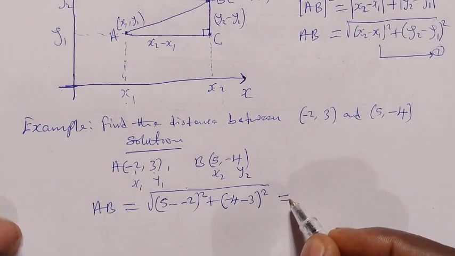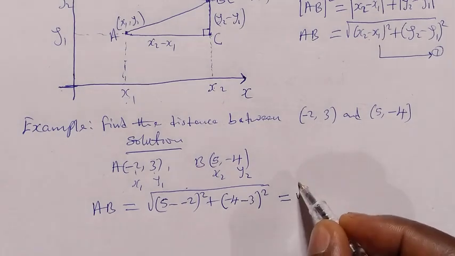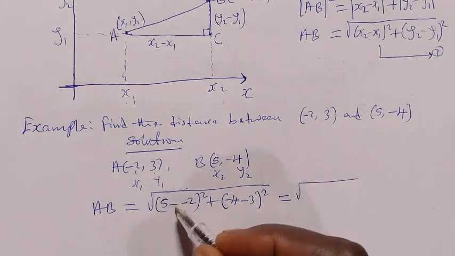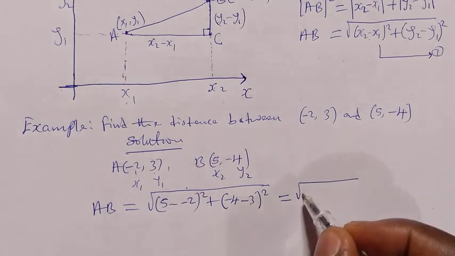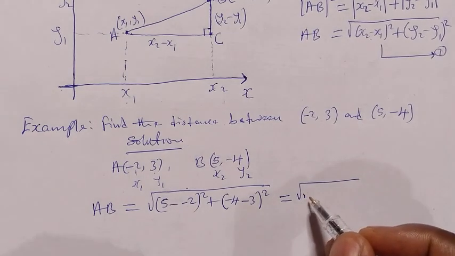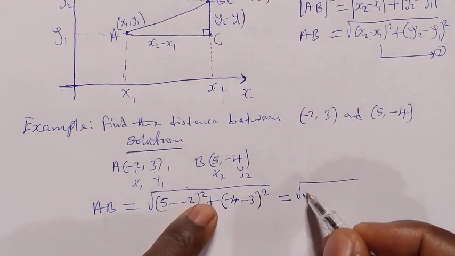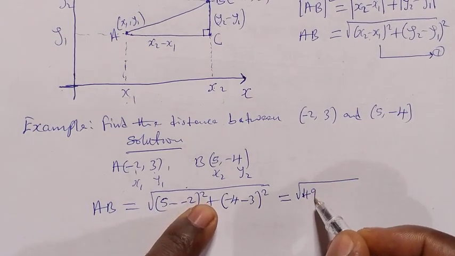This is the same thing as the square root of this. Minus minus is plus, so this gives us 7. This plus this is 7, and the square of 7 is 49.